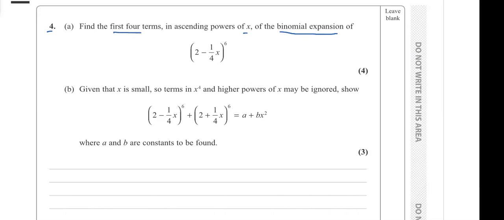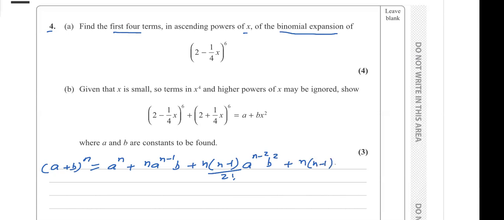In general, the binomial theorem is a plus b to the power n is equal to a to the power n plus n a to the power n minus 1 b plus n into n minus 1 over 2 factorial a to the power n minus 2 b square plus n into n minus 1 into n minus 2 over 3 factorial a to the power n minus 3 b cube, and so on. At the end we write b to the power n. But right now we have to expand for the first four terms only. It means use the formula till this one. The higher order terms, no need to write.